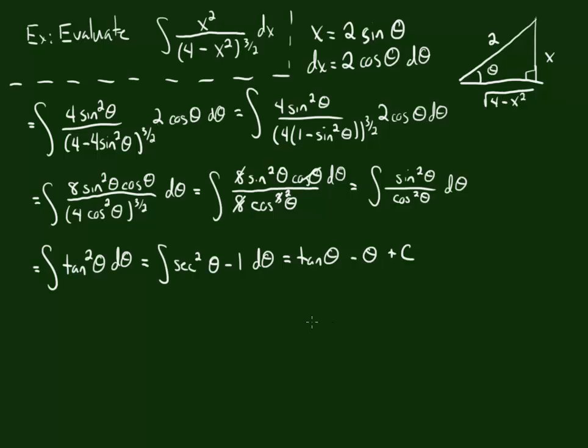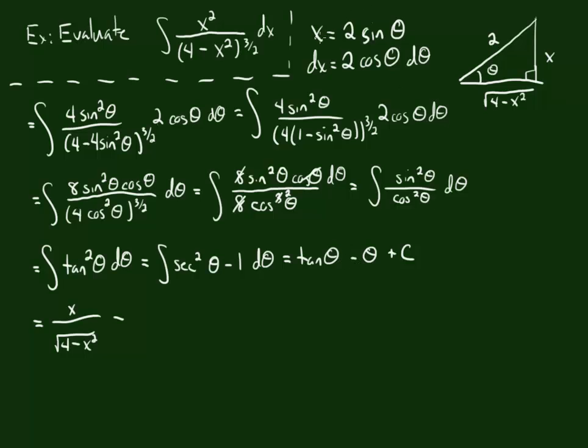Alright, so let's keep going here. We need to know what tangent of theta is. Not a problem. We hop up here to our triangle, and tangent is opposite over adjacent. So tangent of theta is just x all divided by the square root of 4 minus x squared. And then we also need to know what theta is. Well, that's not a problem either.